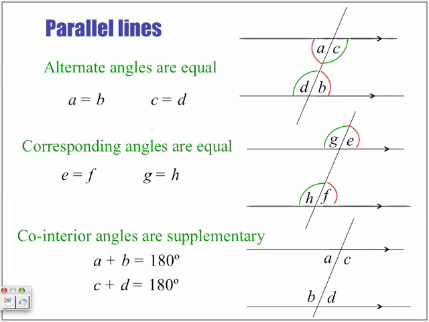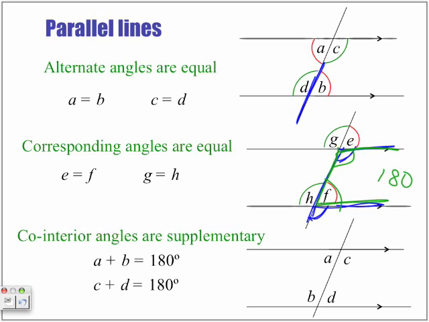So, as we said, the letter F, these inner angles are equal to one another. If we have the letter C, these inner angles equal 180, so they're supplementary. Now, as another side note, from what we saw in the previous slide, we were looking at opposite angles.